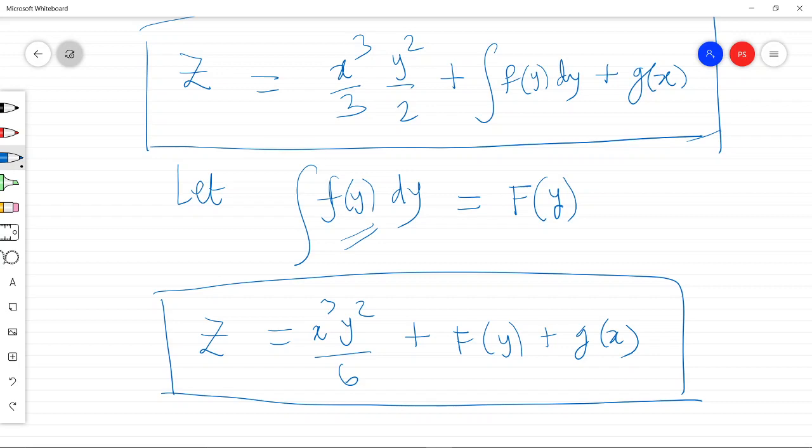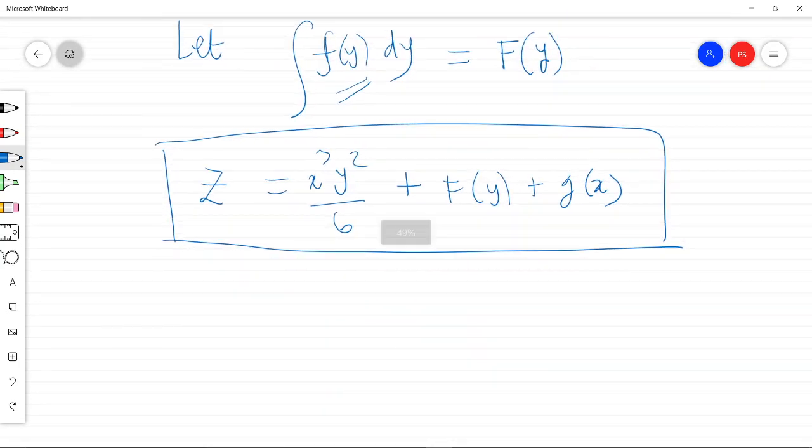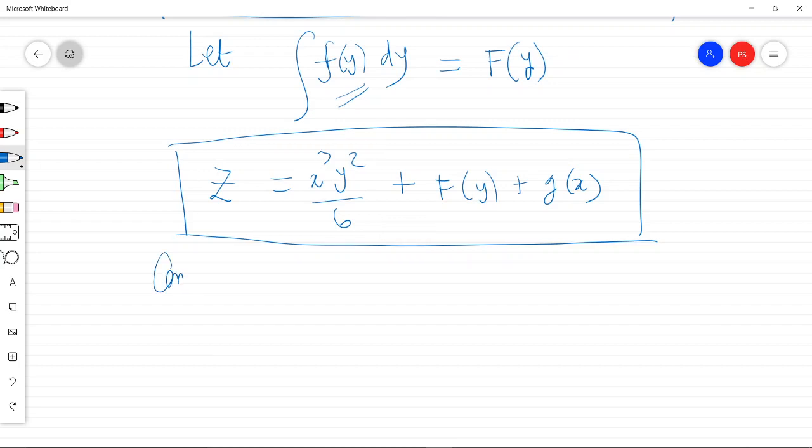Now we have to introduce the boundary conditions. The first condition says that z of (x, 0) is x squared. So wherever we see y, we have to replace it by 0, and wherever we see z, we have to replace it by x squared.